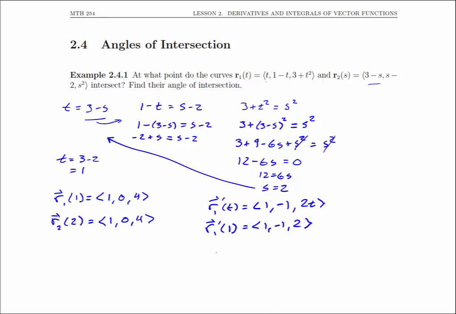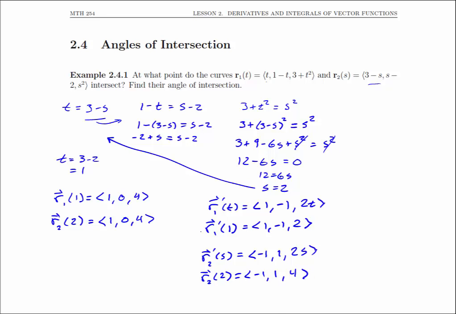Now our second space curve's derivative is -1. Oops, this is with respect to s, not t. -1, 1, and 2s. And if we look for what is its direction when s is 2, then we get -1, 1, 4.